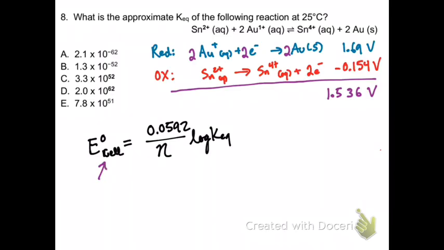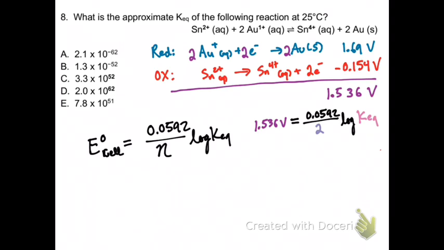So we'll have 1.536 volts equal to 0.0592, which is a constant, divided by N, number of electrons transferred in our balanced reaction, which, again, is going to be the 2 moles of electrons, then times the log of KEQ, which is what we're solving for.